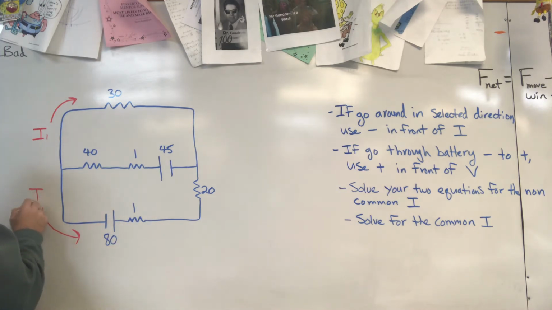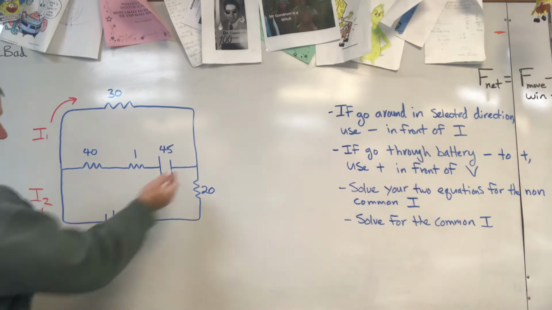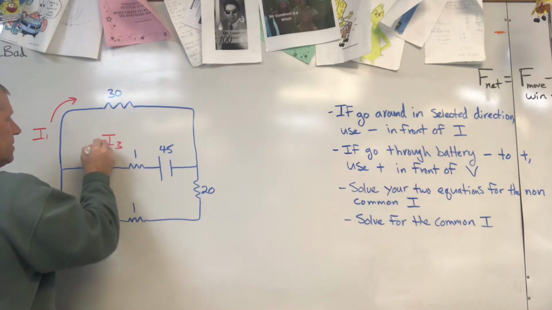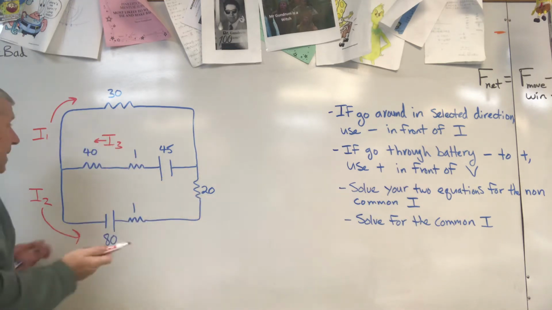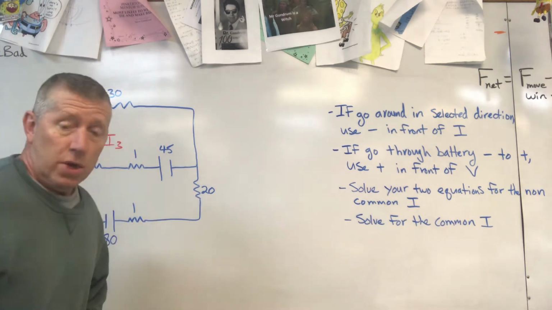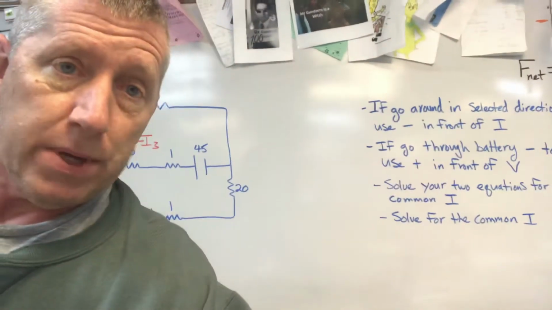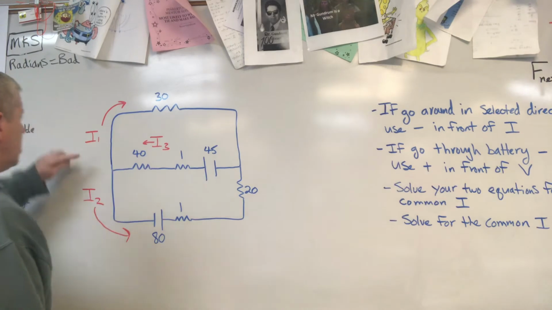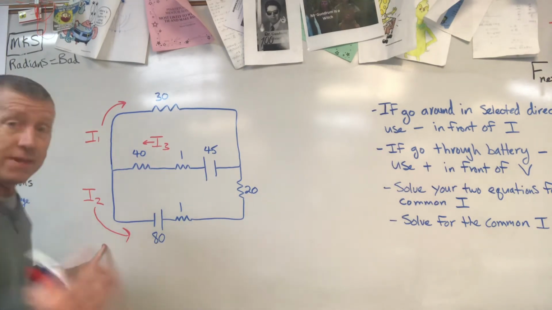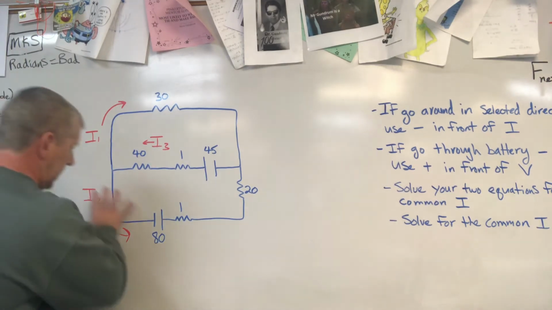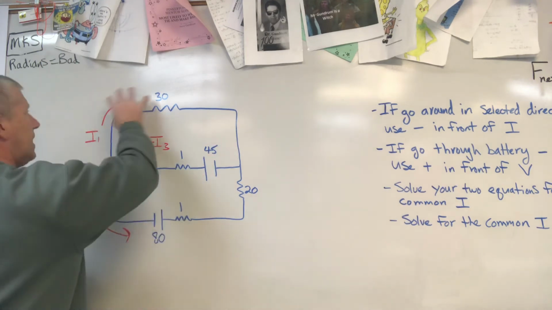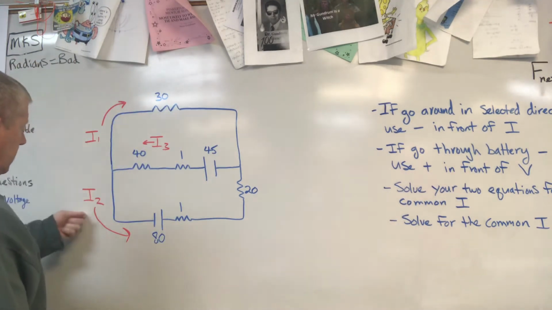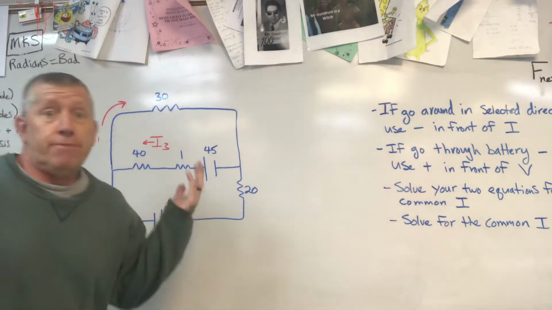And I'll call the current through this line I3. So there's my I3. Now, you could call this line I1, this line I2, or this line I3, it doesn't matter. You can call this line I3, this line I2, this line I1, it doesn't matter. I decided to call this one I1, this one I2, and this one I3, because I wanted to.